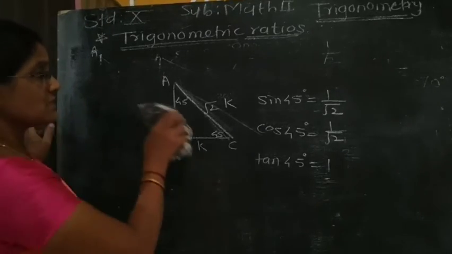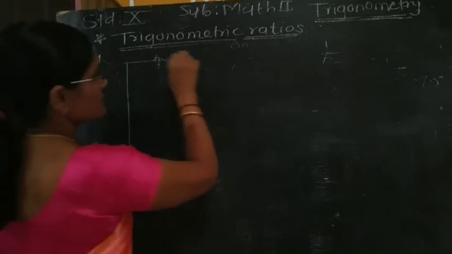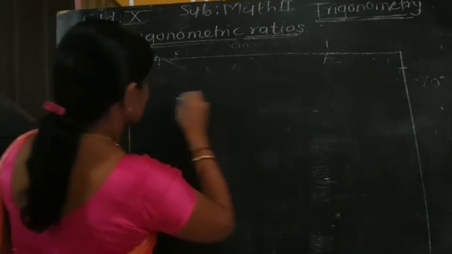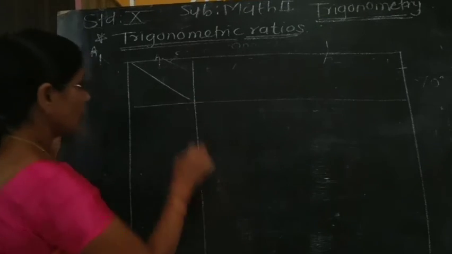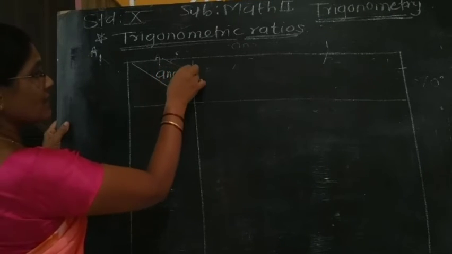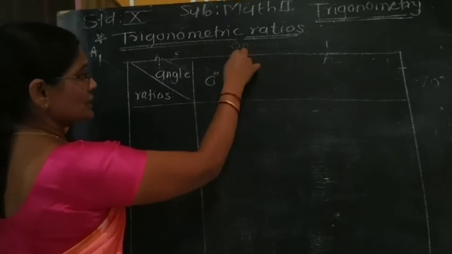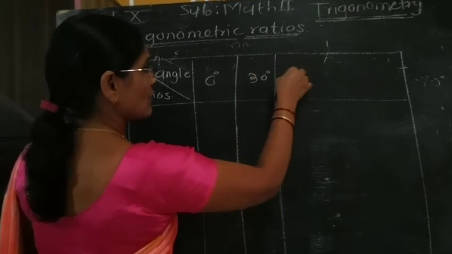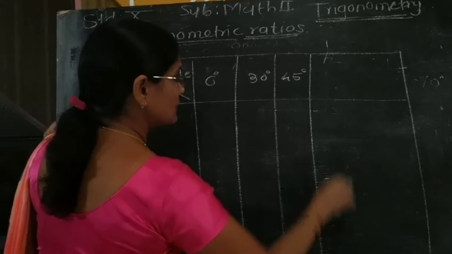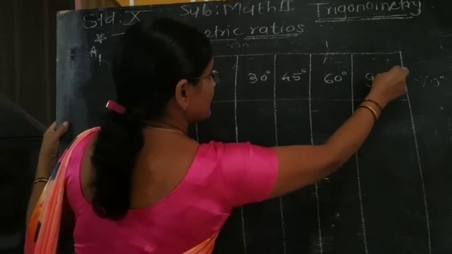Then how to make the chart? See here, for specific angles. In the first line we have to write down the angle. Here we write angle and here ratios. Suppose this is 0 degree, then 30 degree, 45 degree, 60 degree and the last one 90 degree.